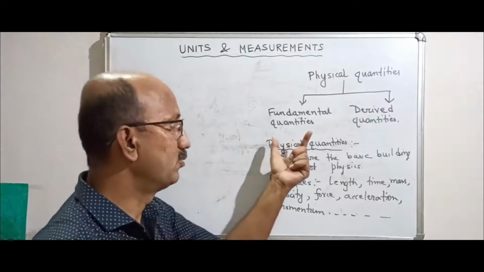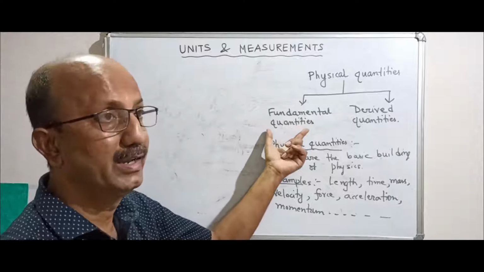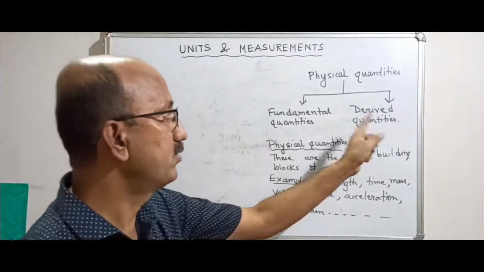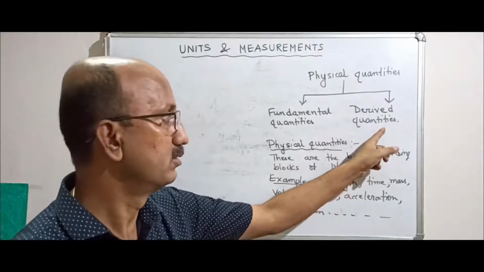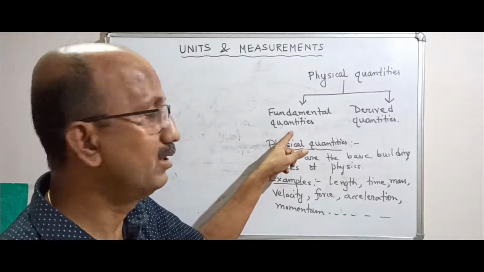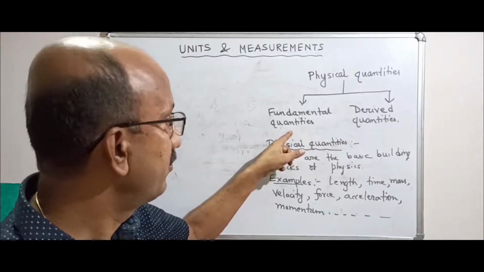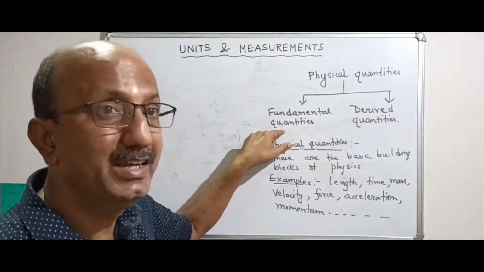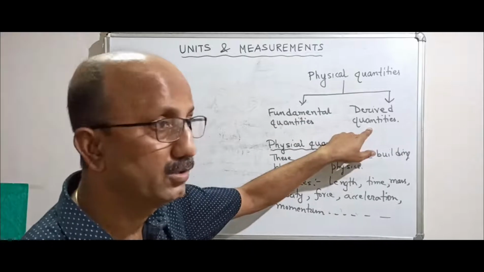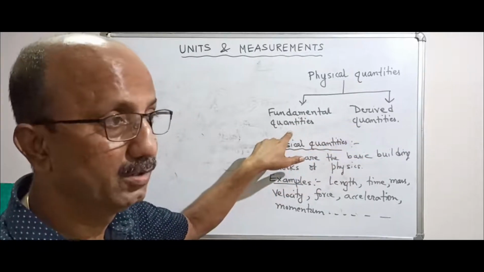Fundamental quantities are the basic quantities or the independent quantities. Derived quantities are those quantities which are dependent on the fundamental quantities. I will explain, you will understand. So I repeat, fundamental quantities are the independent quantities. Derived quantities are certain quantities which are dependent on the fundamental quantities.